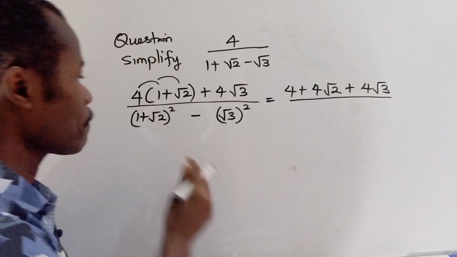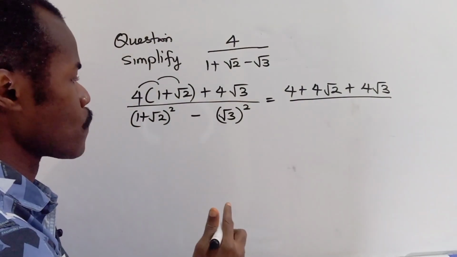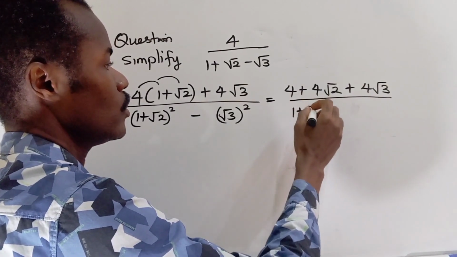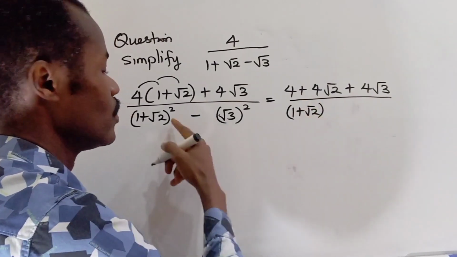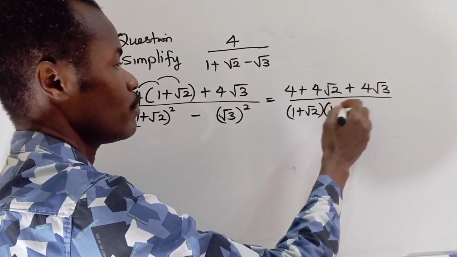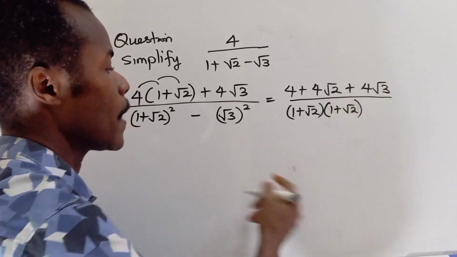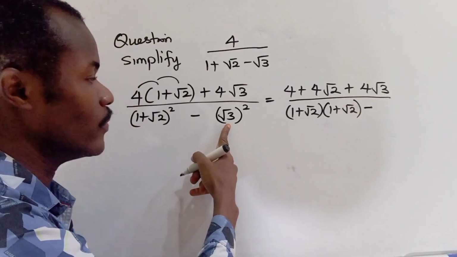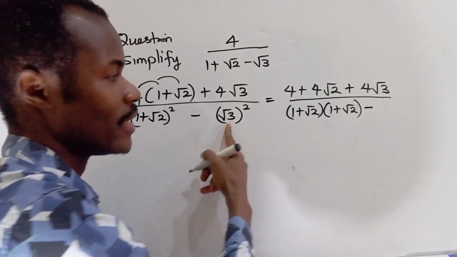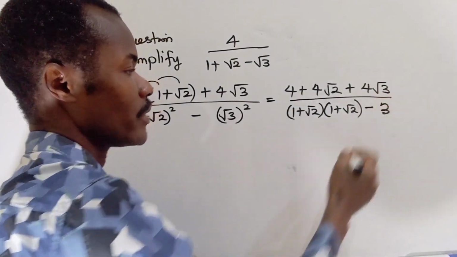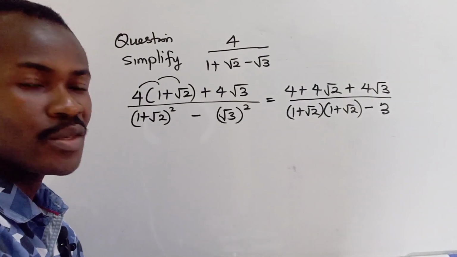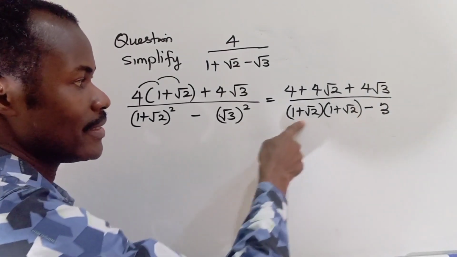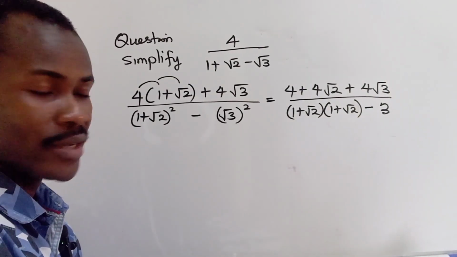Divided by 1 plus root 2 multiplied by itself, minus root 3 squared, which is simply 3. With that we can now solve this to see what we are going to get.